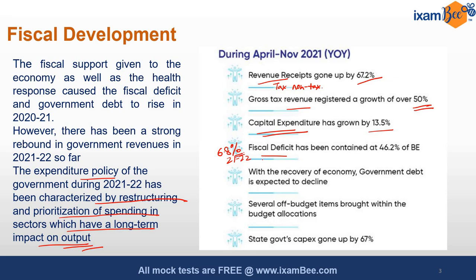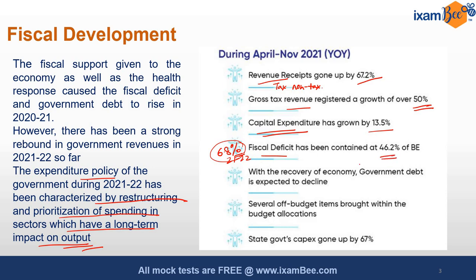So later today the budget will also be coming out, where they will tell about the revised estimates and also the fiscal deficit estimates for the next year. But as of now, the government has contained the fiscal deficit at 46%.